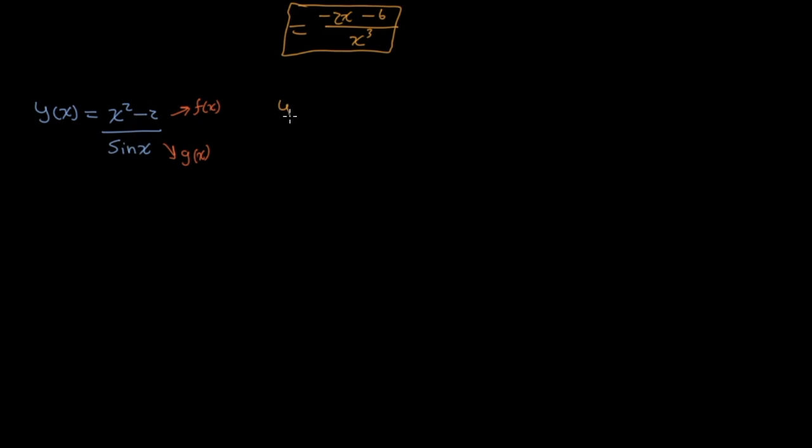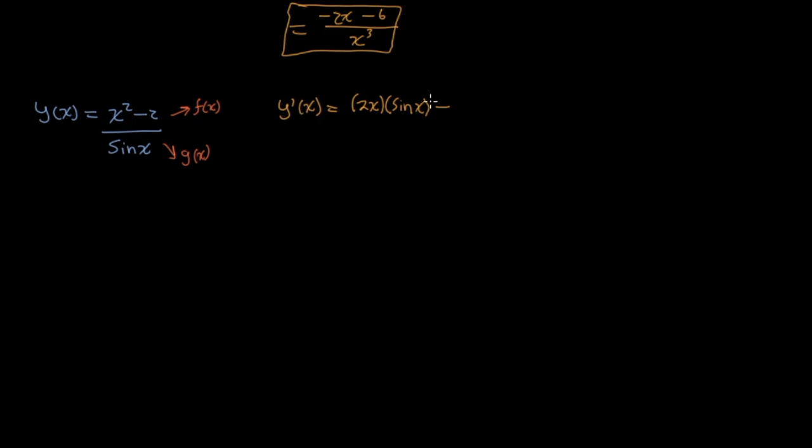So y prime at x is going to be equal to the derivative of the top, which is 2x, so 2 times x, and then this just goes to 0, times sine x, minus the derivative of the bottom.